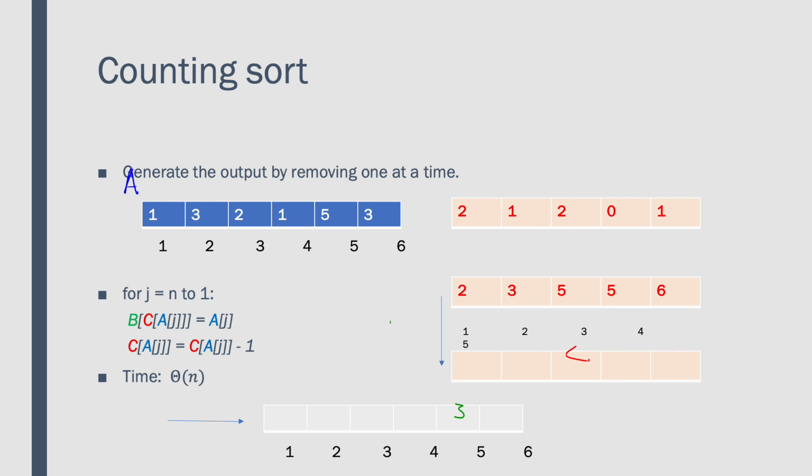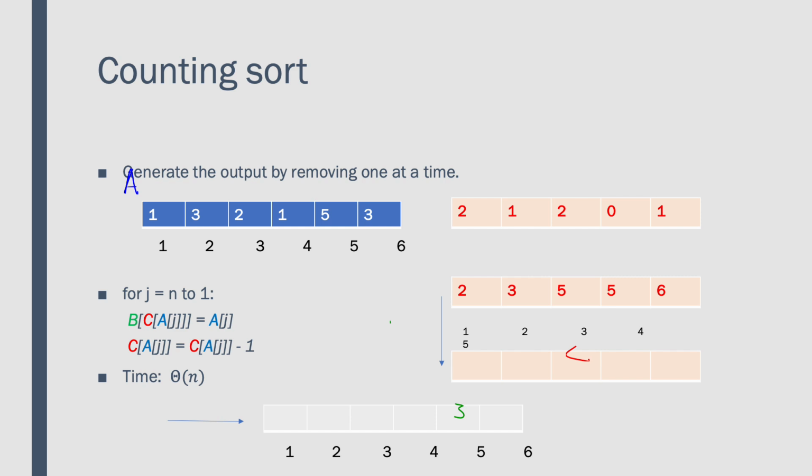In the step by step example, we start from A[6], which is equal to 3. Place 3 in position C[3], which is equal to 5, so B[5] is equal to 3. Then decrease C[3] to 4.